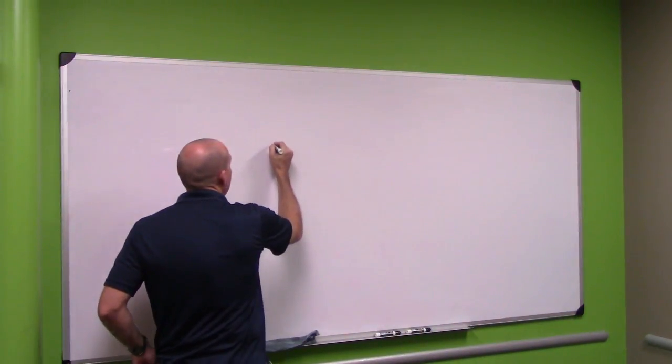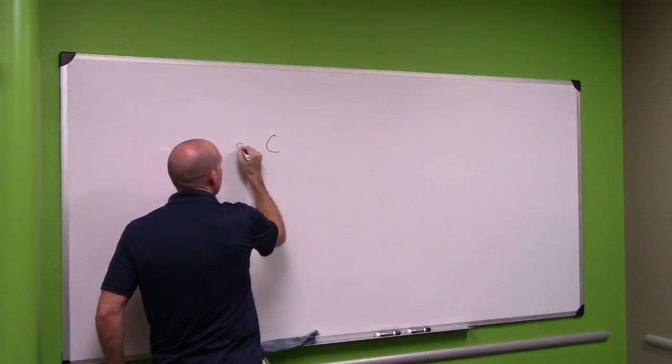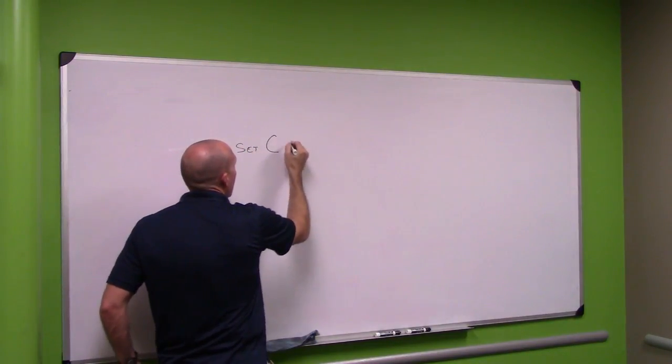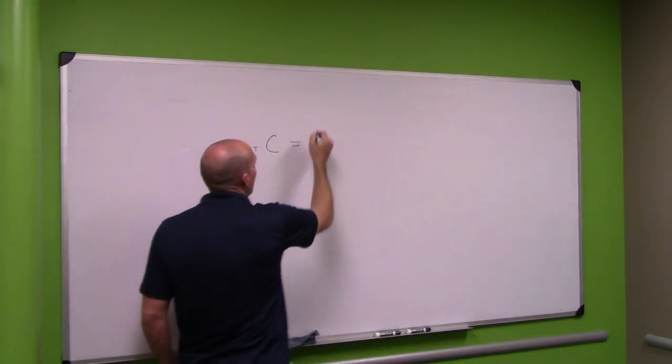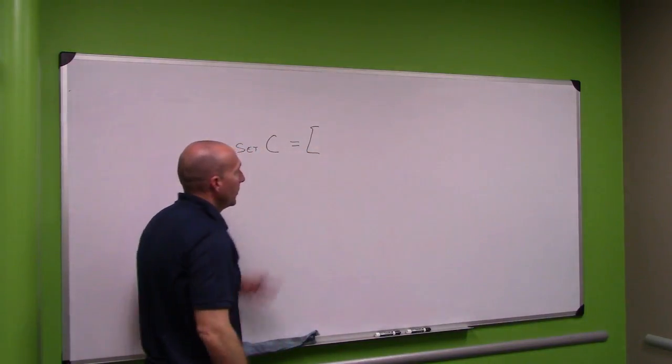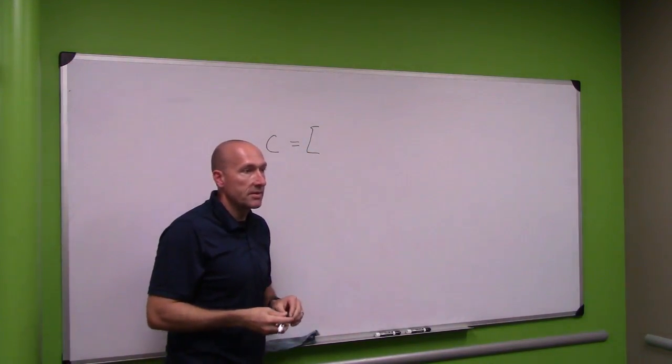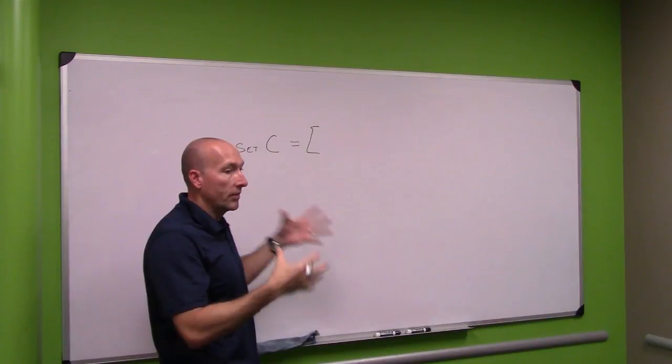So we have the basket of stuff, and it is going to be set C. And then we're going to see an equal sign, and then we're going to see some brackets. And then within these brackets, this is what we list as being all within that set.